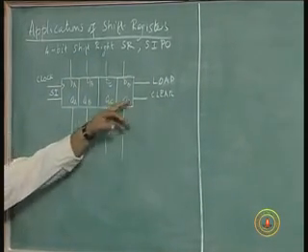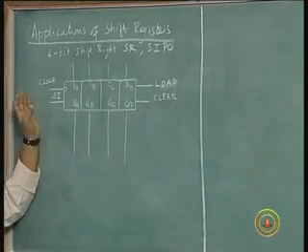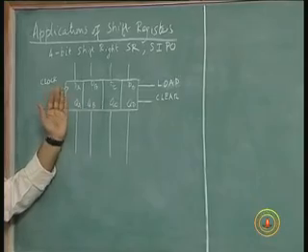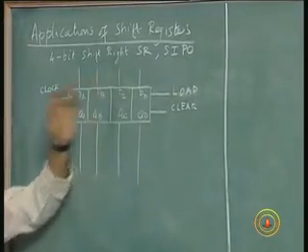Of course, you can clear it later on. Then you clock it. As you clock it, the bits get shifted one position to the right. That's why it's called a shift right register.